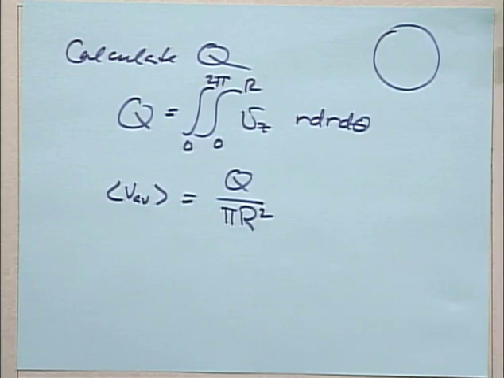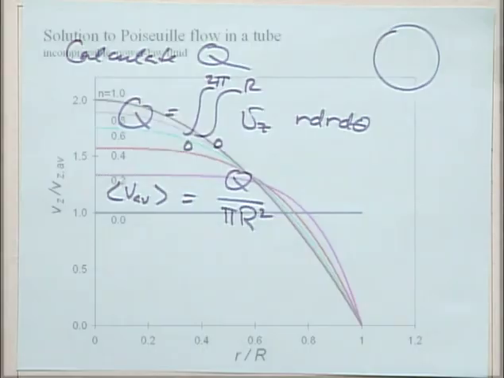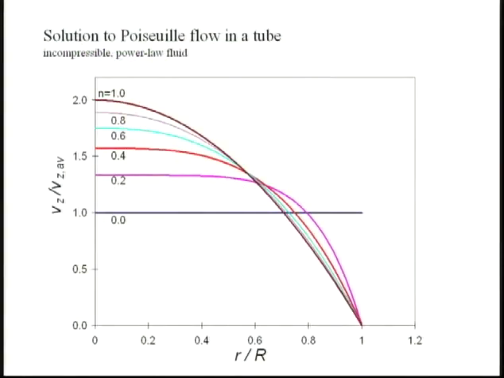So I plotted this solution here as a function of the velocity as a function of the average velocity. And when n is 1, it's a Newtonian fluid. So here's our Poiseuille flow, Hagen-Poiseuille law, pressure-driven flow in a tube for a Newtonian fluid. As we allow the material to be a non-Newtonian fluid, the velocity profile flattens in the center and scoots out a little bit toward the edges.